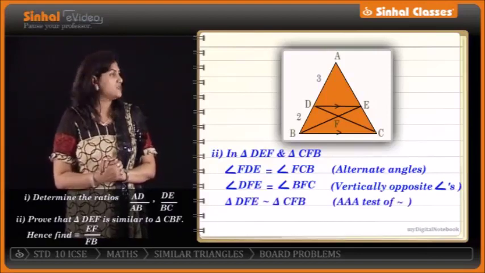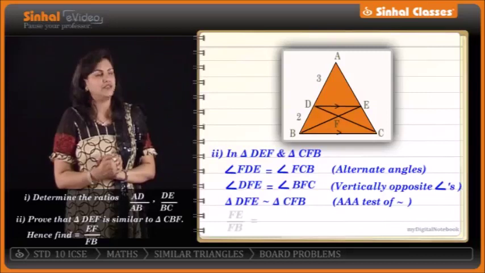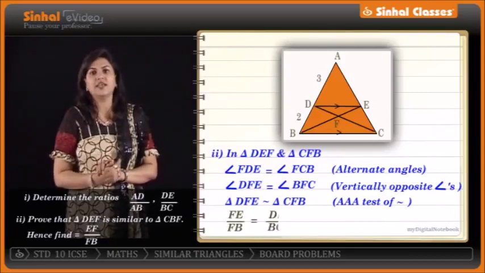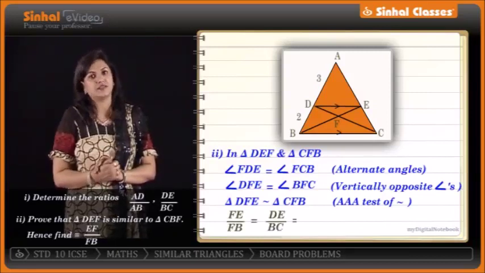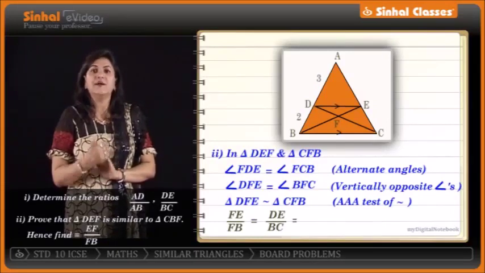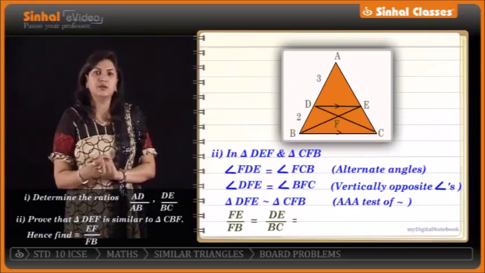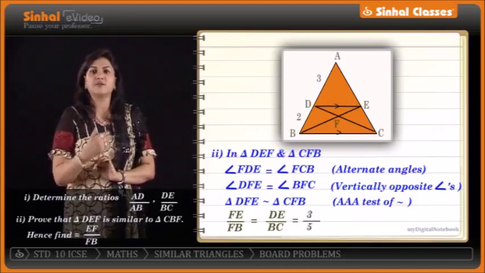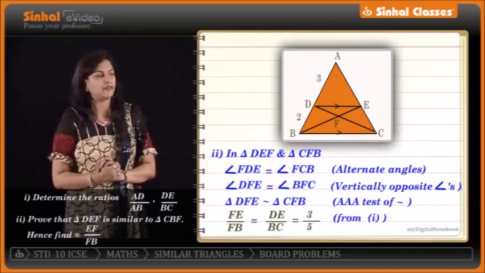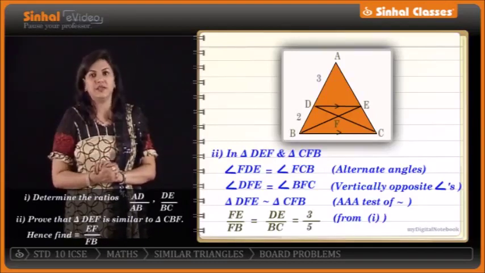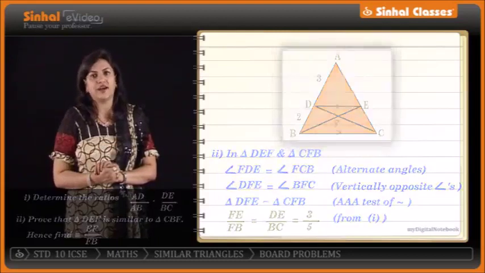Now we are also asked to find the ratio FE upon FB. That will be equal to DE upon BC, because the corresponding parts will be proportional. But this ratio DE upon BC is equal to 3 upon 5 from the first part. So we have got FE upon FB is equal to 3 upon 5.